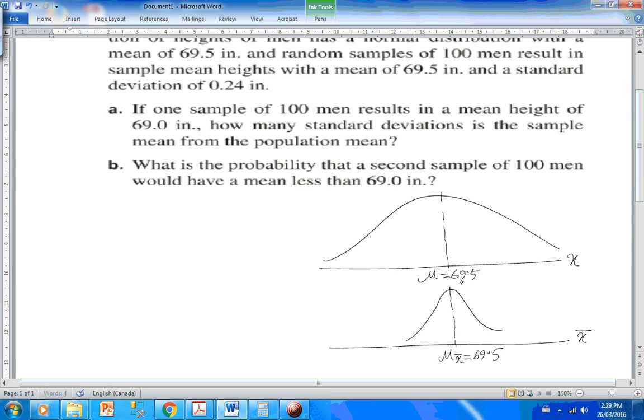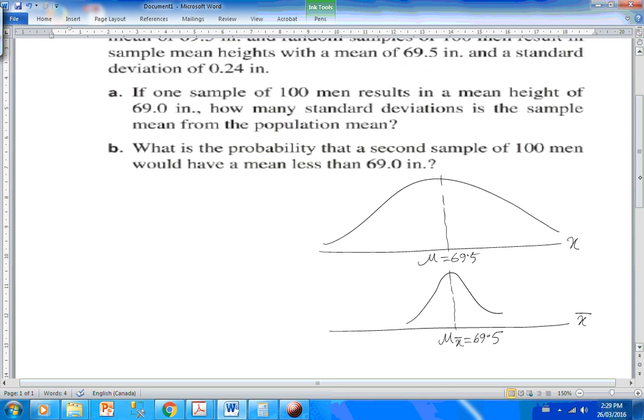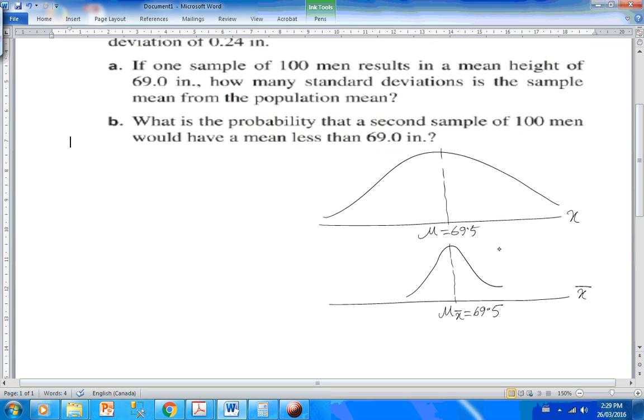That makes sense because we saw this result several times in our class lectures, that the mean of all the sample means turns out to be the same as the mean of the population.